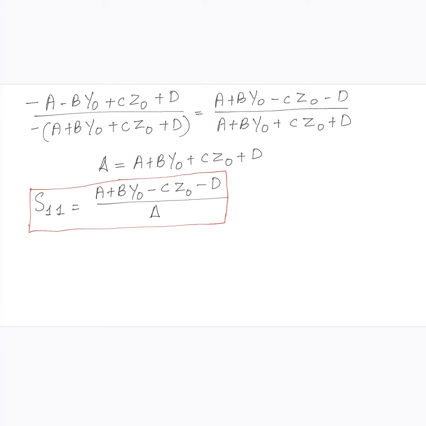In order to find S21, we can write the equation as Zn is equal to V1 by I1. So V1 is equal to A plus B by Z0 divided by C plus D by Z0, that is, instead of I2, this is written as V2 by Z0.